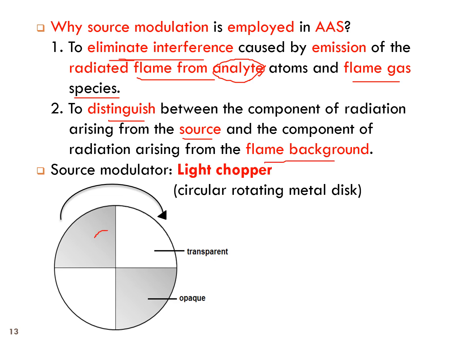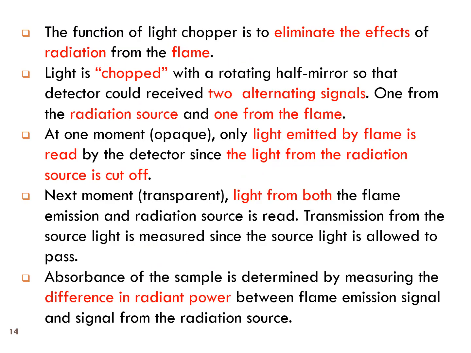It has an opaque side and also a transparent side. When the light from the source hits the opaque part, the light source is cut off, so only light emitted by the flame is read. When the radiation from the source goes through the transparent part, light from both the flame emission and the radiation source is read.